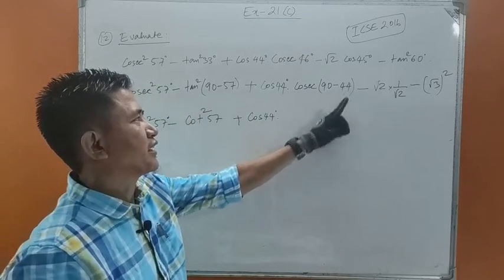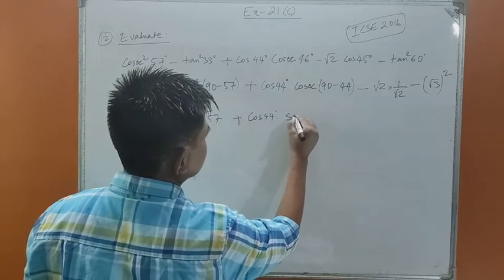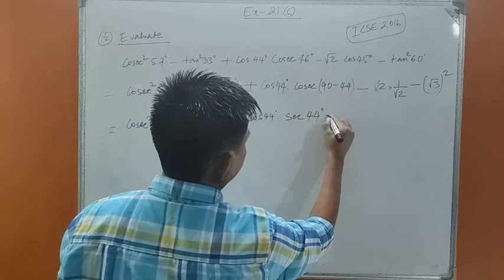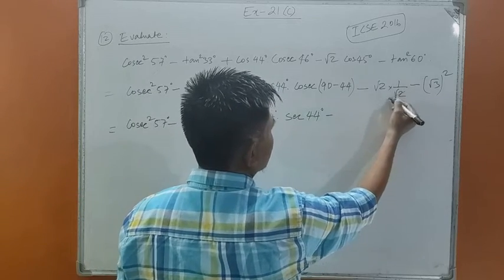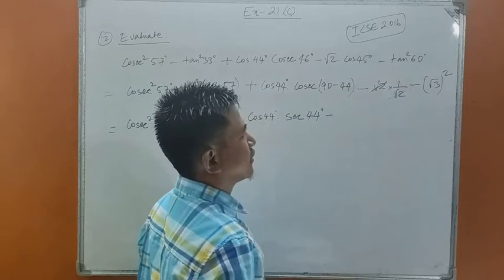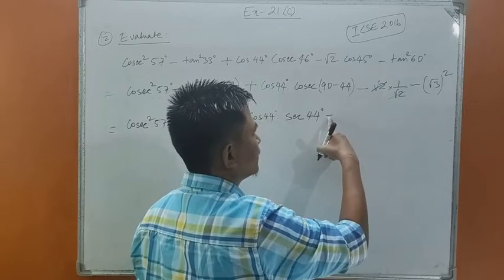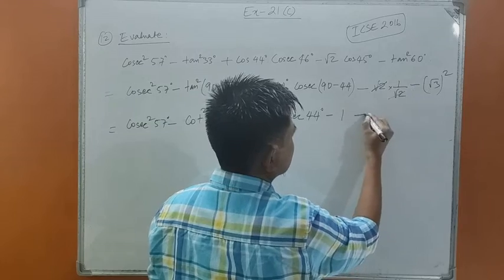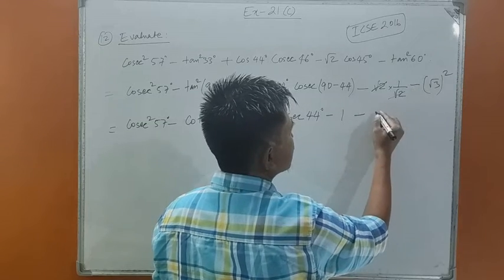Cosec 90 minus theta is sec theta, so sec 44. Minus, this root 2 from the denominator and root 2 from the numerator can be cancelled. So minus comes here and this 1 here. Minus root 3 square means root 3 into root 3, 3.